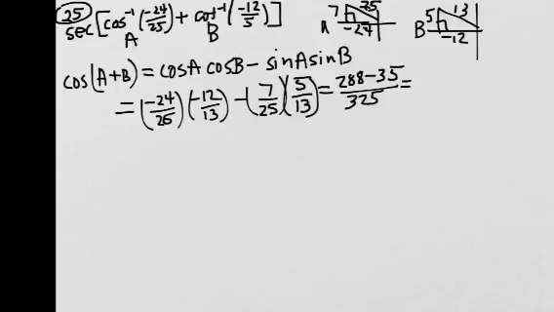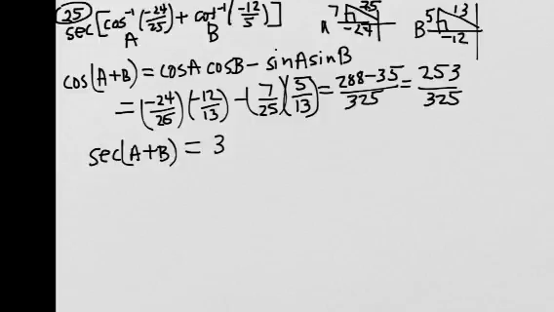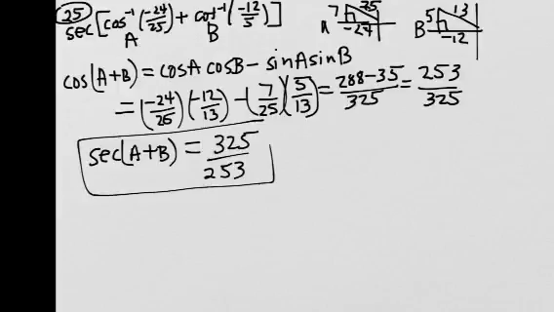No, actually, it's right. 253 over 325. But remember that we don't want cosine, we want secant. So because cosine is 253 over 325, secant of A plus B is 325 over 253. Again, remember, they are reciprocals of each other.